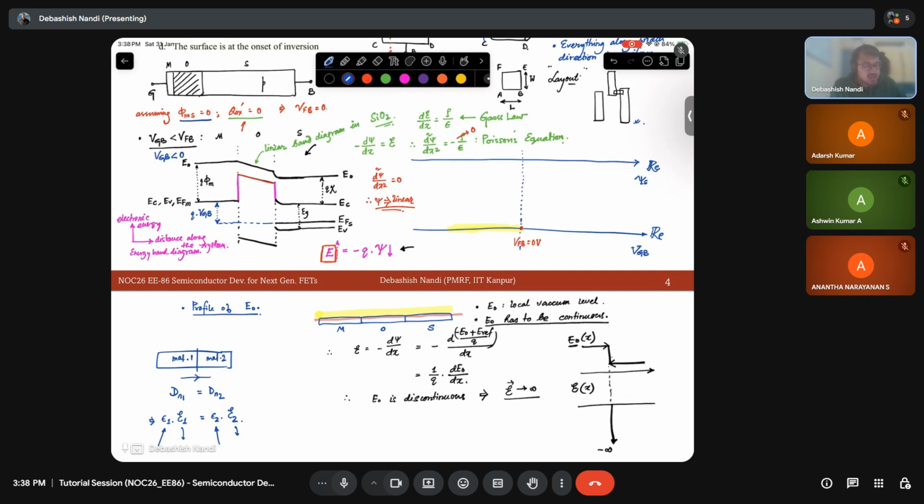This region is called accumulation. Why is it called accumulation? What is the type of the semiconductor I had initially? P type, right?